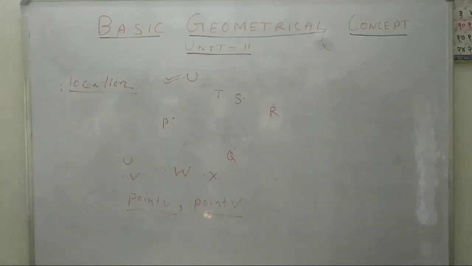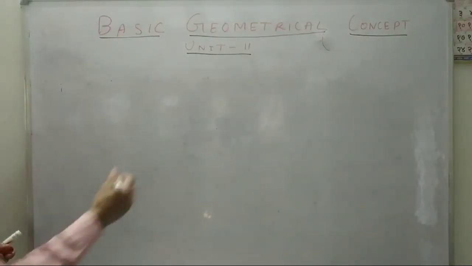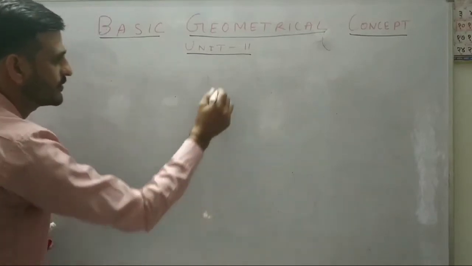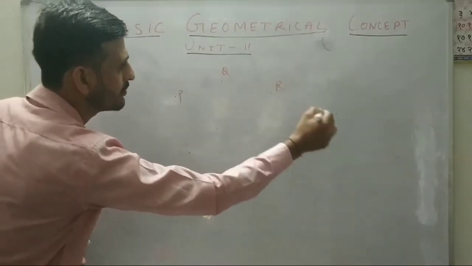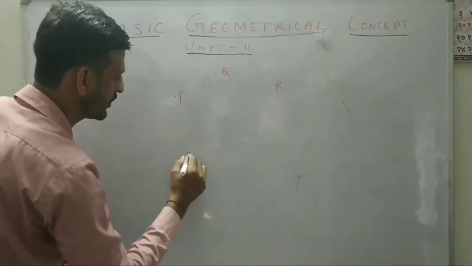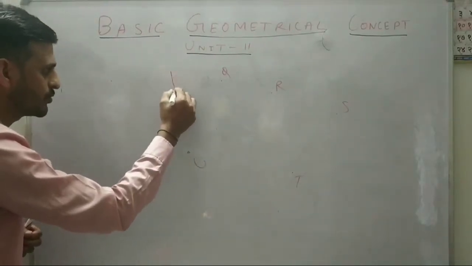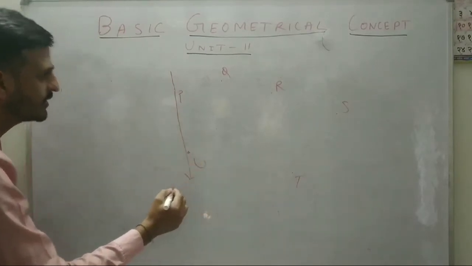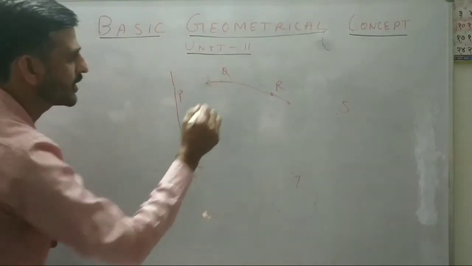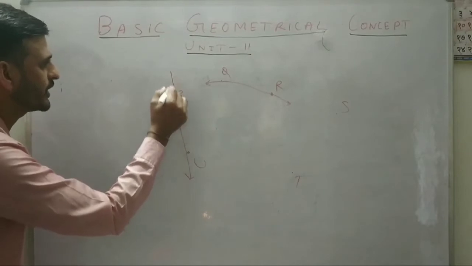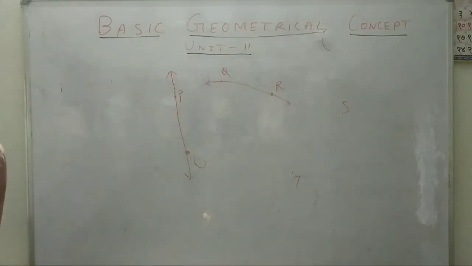Suppose there are different types of points here in this plane. First of all, point P, point Q, point R, point S, point T, point U. When we join any two points with the help of a straight line, or we can join these two points with the help of a curved line, this joining which has two endpoints is known as a line.